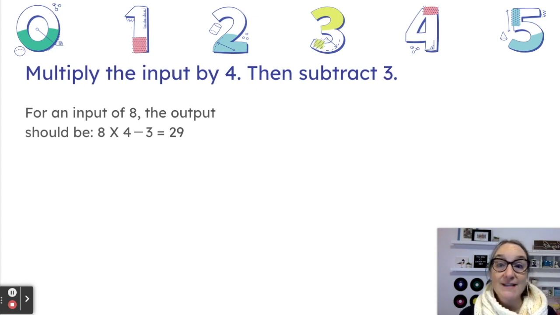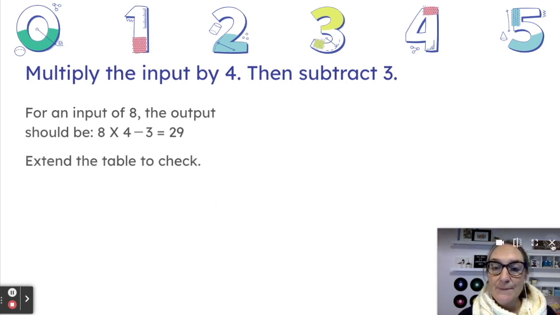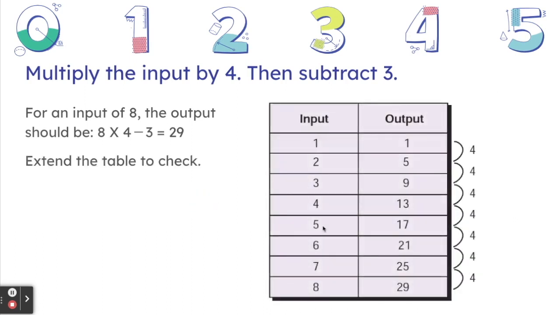And we can check that this is right by extending the table. If we simply add 1 to each input, because our pattern rule for the input was start at 1, add 1 each time until we get to 8. Then we add 4 to each output because our pattern rule for the output was start at 1, add 4 each time.